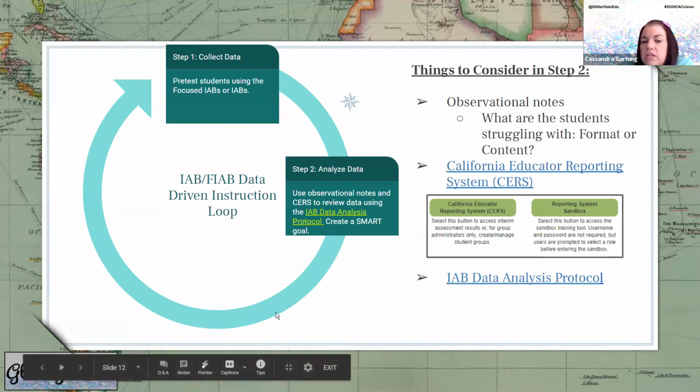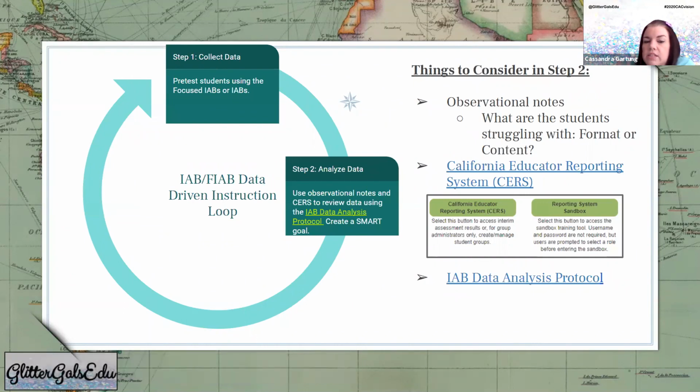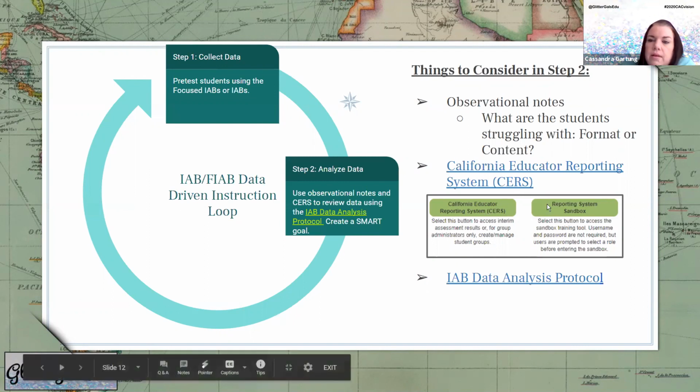We're going to use these 2 types of data analysis to take it to the IAB data analysis protocol that we got from Val Verde School District, and we're going to create a SMART goal. I know this is a lot right now. However, I'm going to take you step by step and send you all these links.